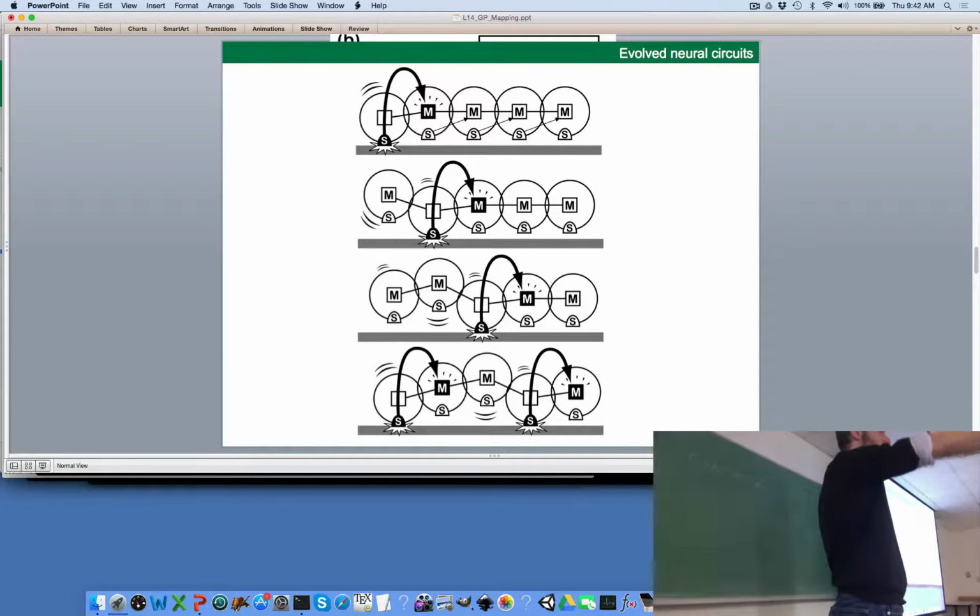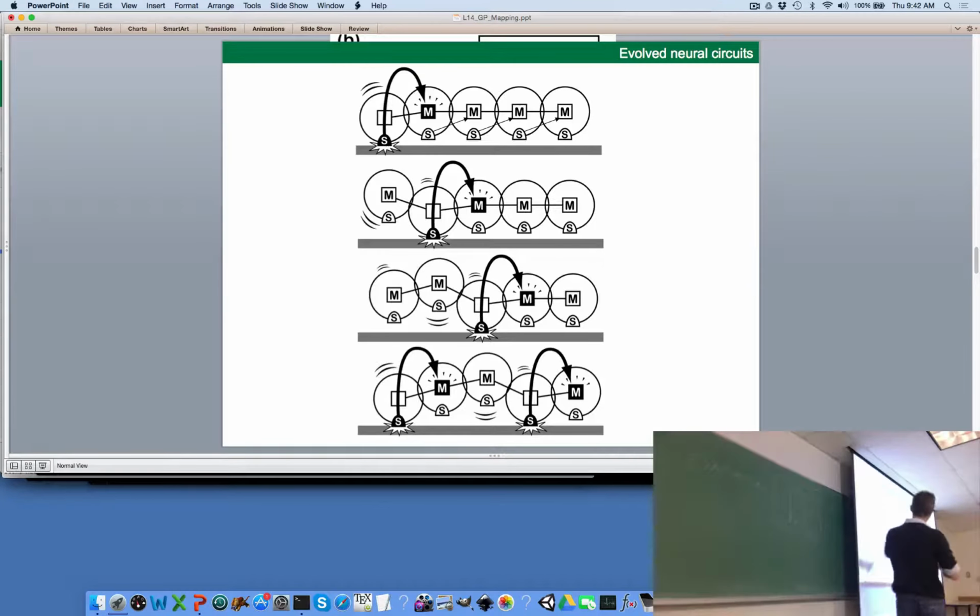Turns out that both of those robots have exactly the same neural network that evolved in the appendage, and it works as follows. The left-hand side here is the anterior tip, the tip of the appendage, and this is the posterior tip, the base of the appendage that attaches to the main body.